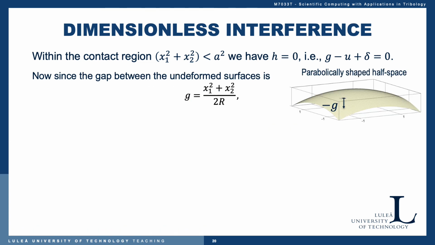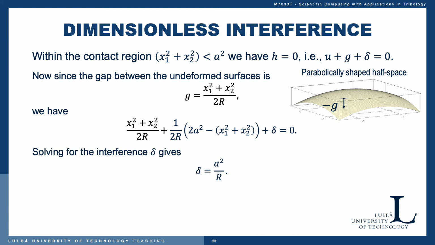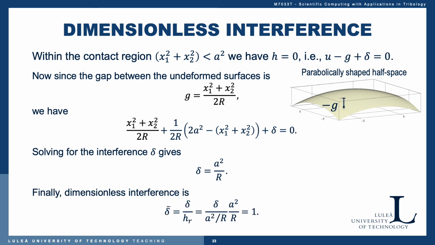And this means that since the gap between the undeformed surfaces is exactly the shape of the parabolic body, we have in the contact zone precisely this expression, which we can solve for the interference delta, and it's obvious that this just gives us delta is a squared over R, and finally we can obtain the dimensionless interference, or rigid body movement, or mutual approach, as 1.